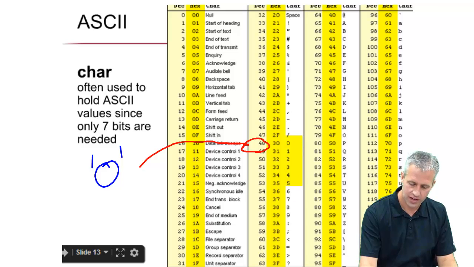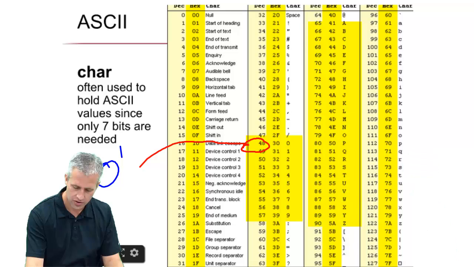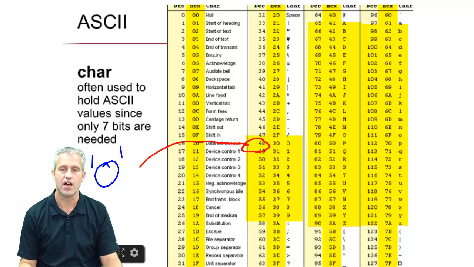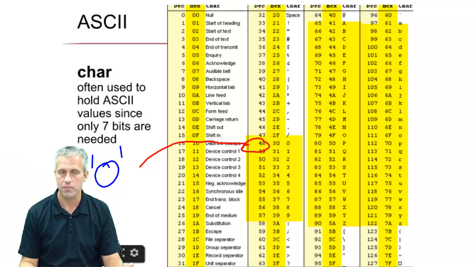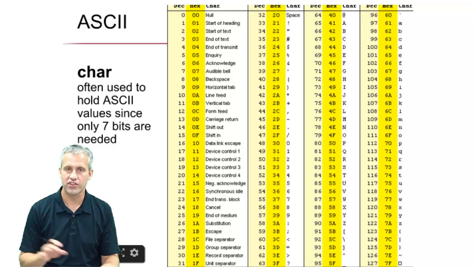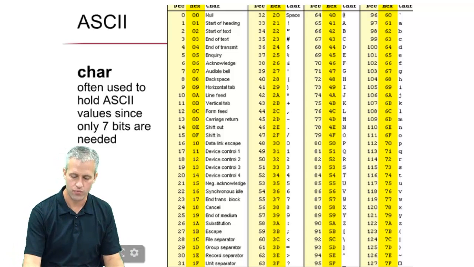The places in the table that we'll use the most are, of course, the numbers, the uppercase letters, and the lowercase letters, right? So there are these three blocks that we'll actually use quite a bit in the course. It turns out ASCII ends up being useful in a lot of ways. So there are some ASCII tricks that I remember.